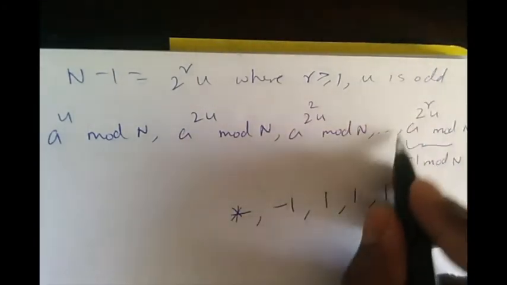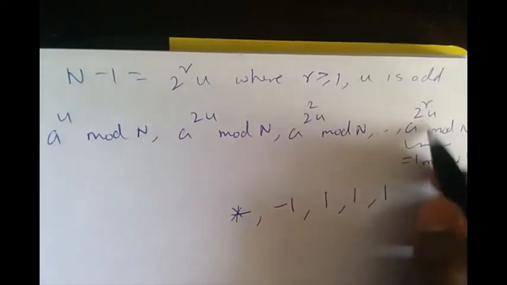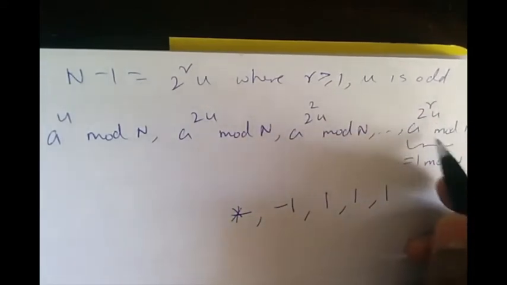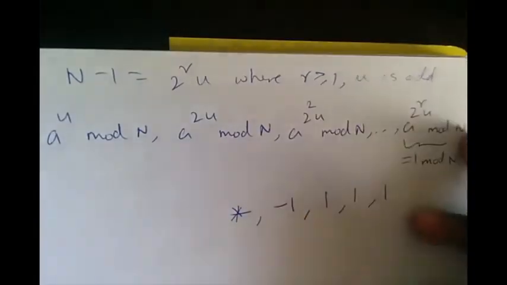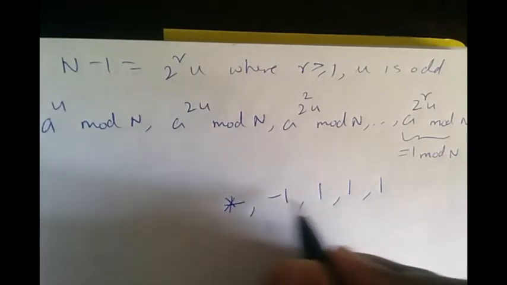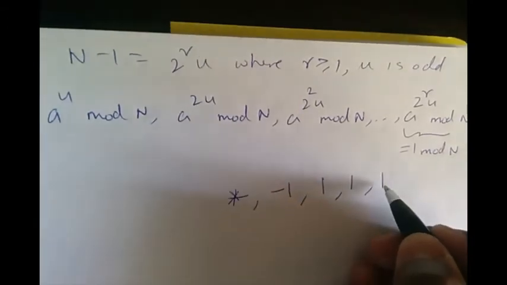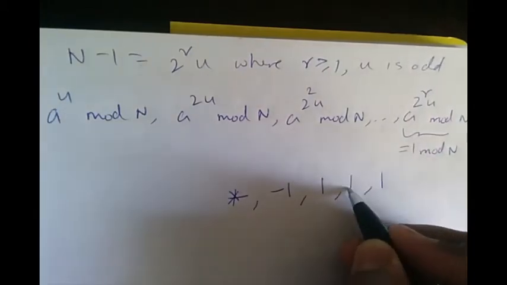So for any a, the last element in this sequence of squarings is 1, because a raised to n minus 1 mod n is 1 by Fermat's little theorem. But if you look at the square roots, the square root of 1 can be 1 or minus 1. If it is the square root of 1, the preceding element is 1 again.